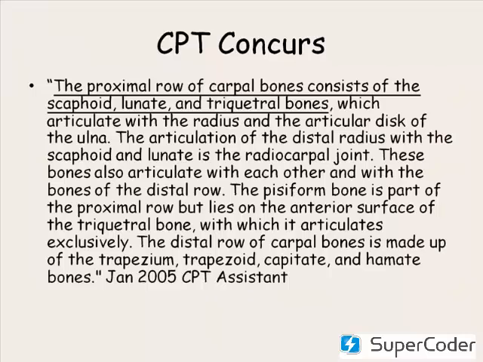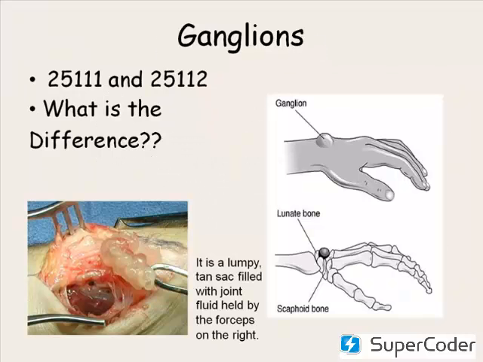We have ganglions on slide number 9, and we have 2 codes for ganglions of the wrist, 25111 and 25112. The difference, of course, is if they are recurrent. The provider really needs to tell us that they are recurrent ganglions, or that they've been excised before and have come back. If they don't state that, we'll have to use 25111.